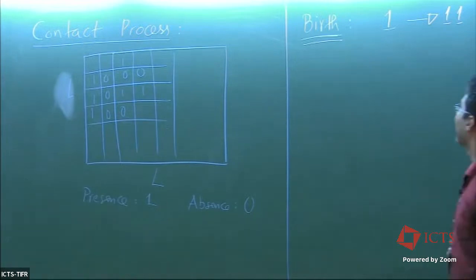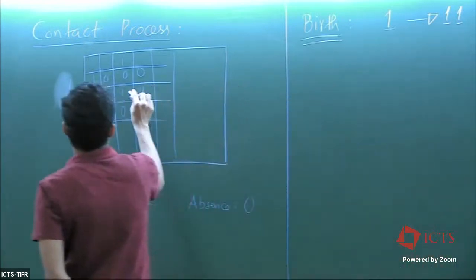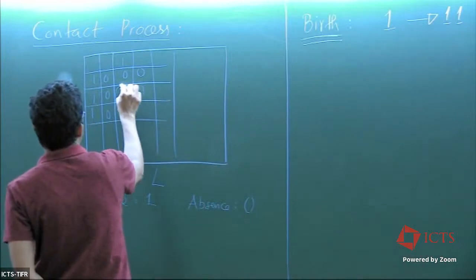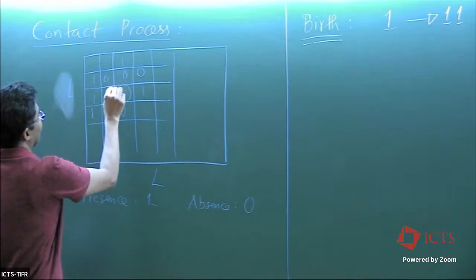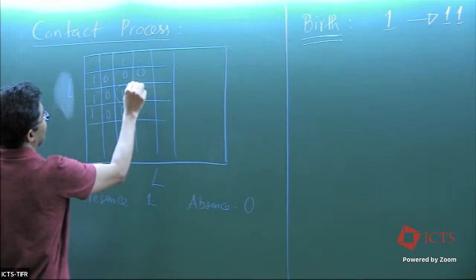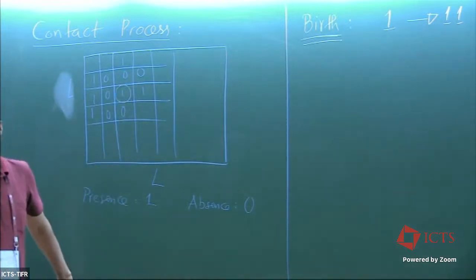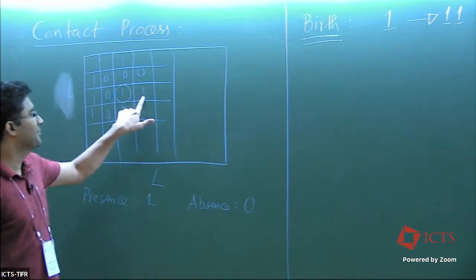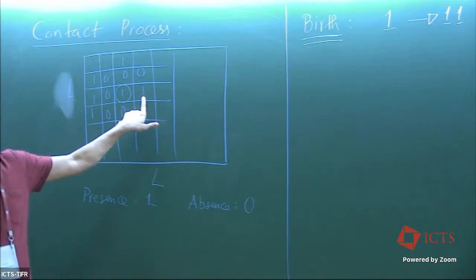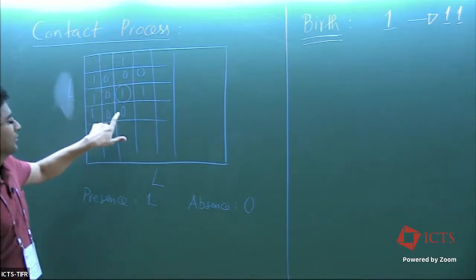For example, in this case, if the randomly chosen site was this, it could give birth in one of the 4 neighboring sites. Of course, it cannot give birth to a site where it's already present. It can actually give birth in one of these 3.